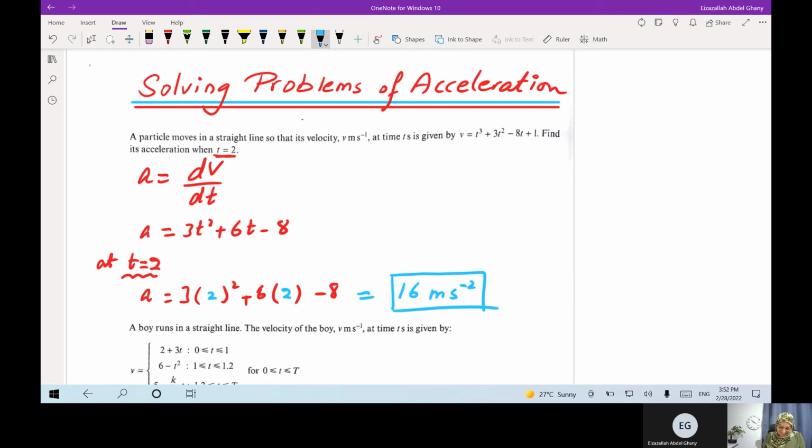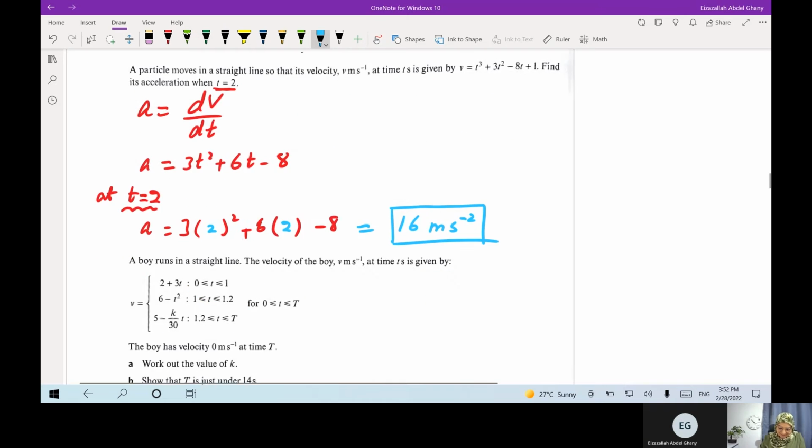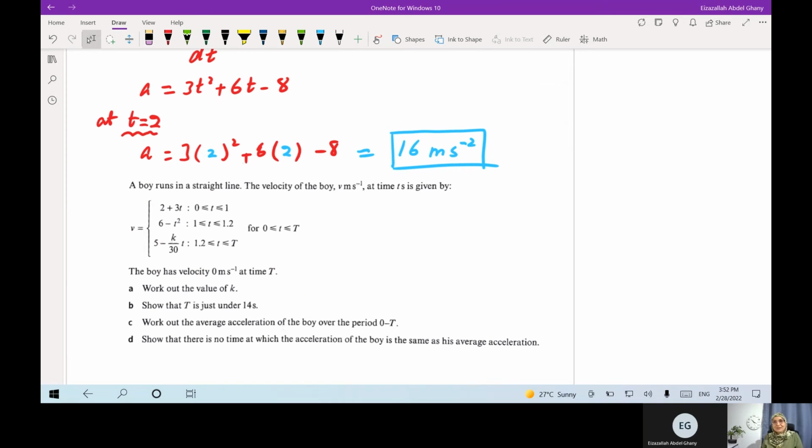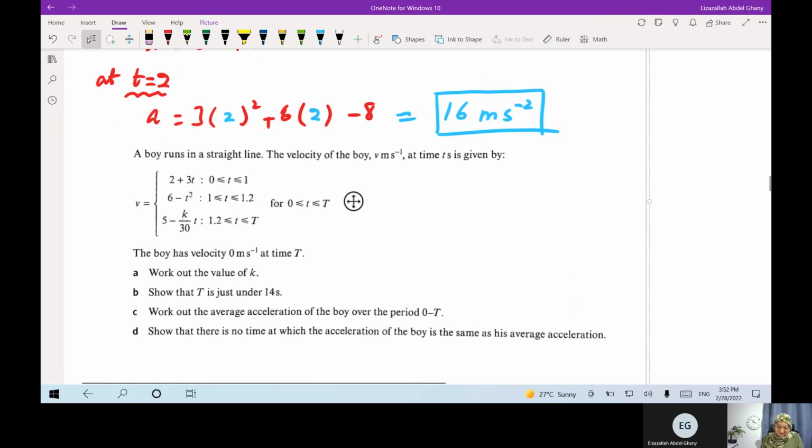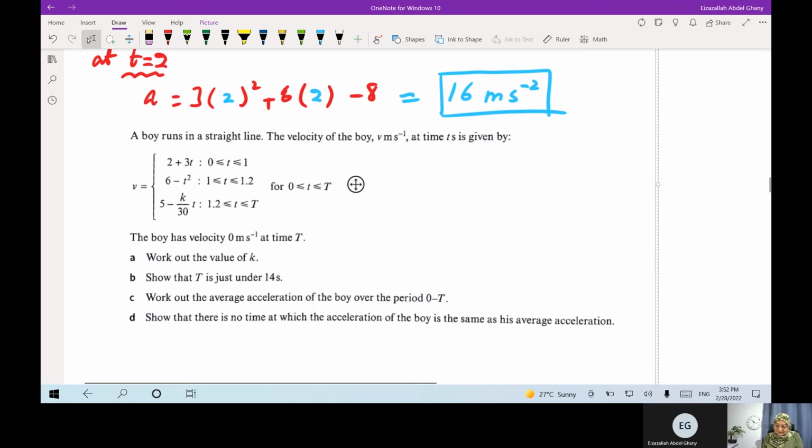The next one has more details. A boy runs in a straight line. The velocity of the boy, v, at time t is given by 3 stages, actually. The first stage, the velocity is 2 plus 3t from time 0 to 1 second.